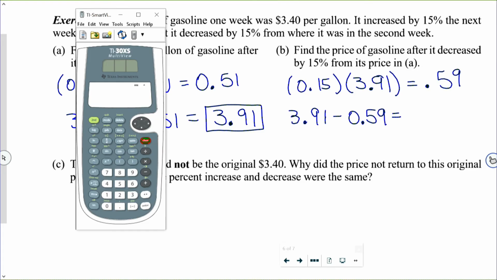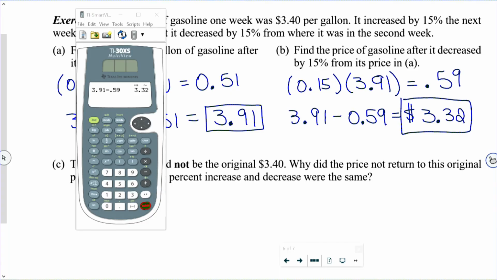All right, let's do that over here. 3.91 minus 0.59, enter, and we get $3.32 per gallon.